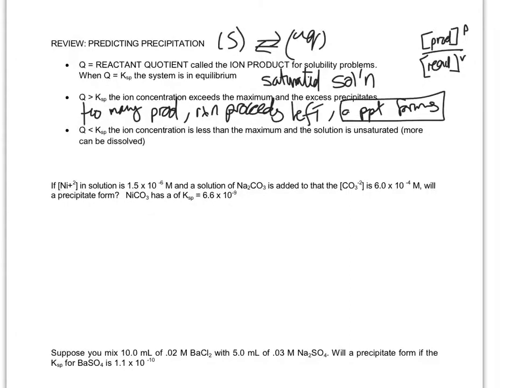If your Q, however, is smaller than what it should be at equilibrium, that means this ratio is too small. So you can think of it as not enough products or too many reactants.